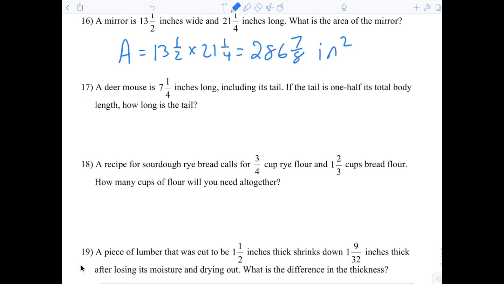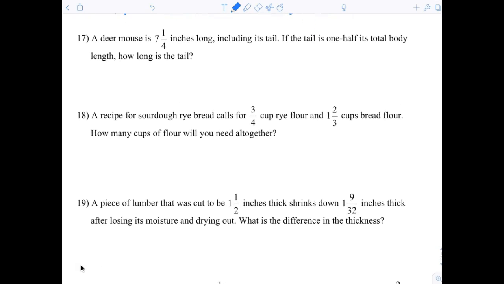All right? Here we go. Now, number 17. It says that a deer mouse is 7.25 inches long, including its tail. If the tail is half the body length, how long is the tail? So, what do I do on this?